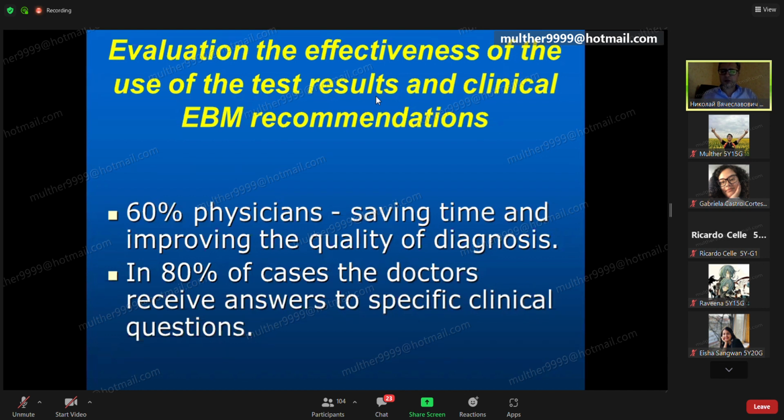Due to correct and regular recommendations, 60% of physicians save time and improve the quality of disease diagnostics. In 80% of cases, doctors can receive correct answers to specific clinical questions, and of course it can optimize the process of further patient management.